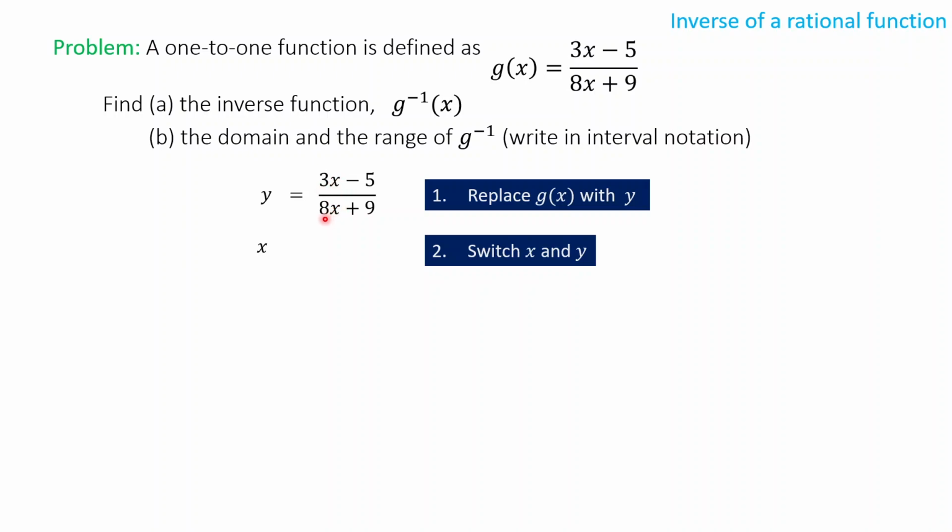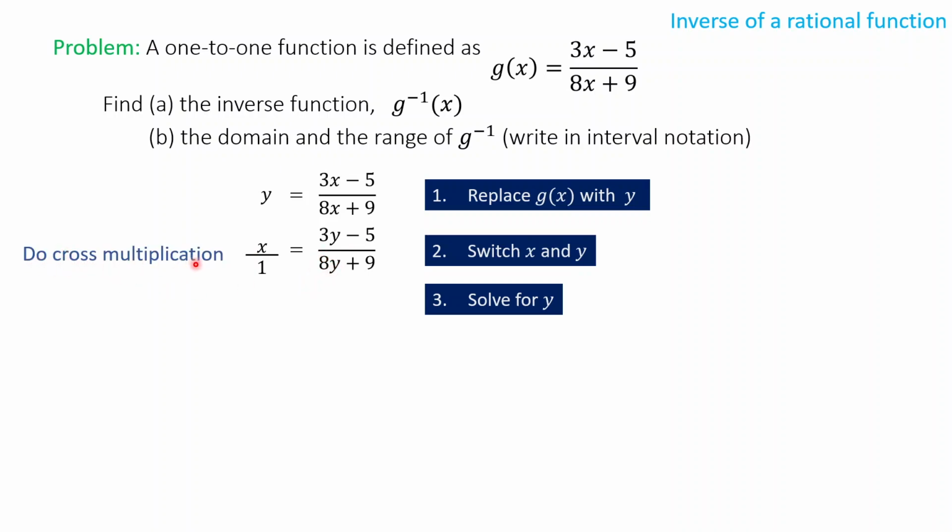So 3y, 8y. Now solve for y. Here you have x. You can write this as x divided by 1. This is a proportion. So you can do cross multiplication.